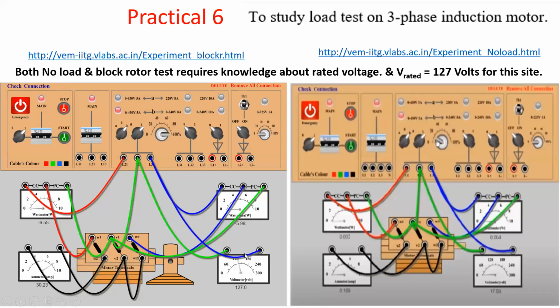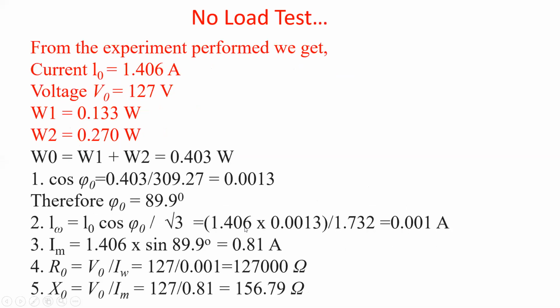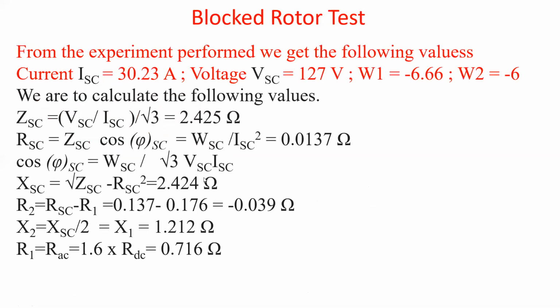I have captured the graph figure: 127 volt, 30.23 ampere, minus 6.55 as wattmeter 1 reading, and minus 5.99 as wattmeter 2 reading. So these readings are also here.